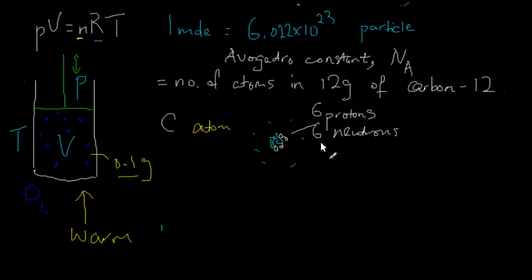That's fine, except that in this case, in order to clearly define this number of atoms in 12 grams of carbon, we can't just leave out the 12 for one simple reason, because it is also possible for a carbon atom to have 14 protons and neutrons.